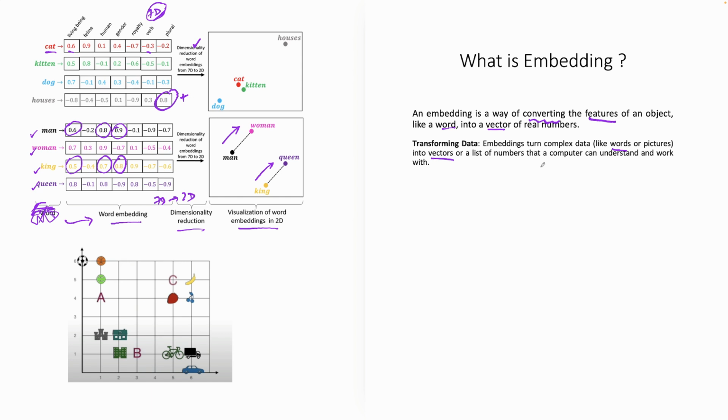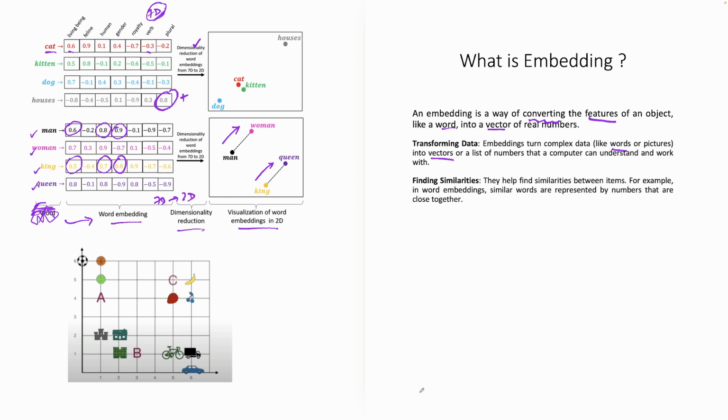You're breaking a complex word, or it could be a picture tomorrow, into numbers. Here I've given an example of simple words like cat, kitten, dog. You could even give the input as a picture. All it is doing is turning the complex data into vectors. Vectors are again a set of numbers that a computer can understand.